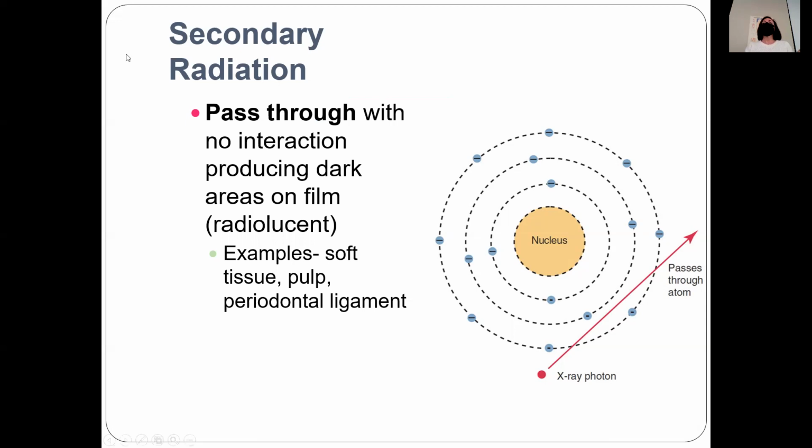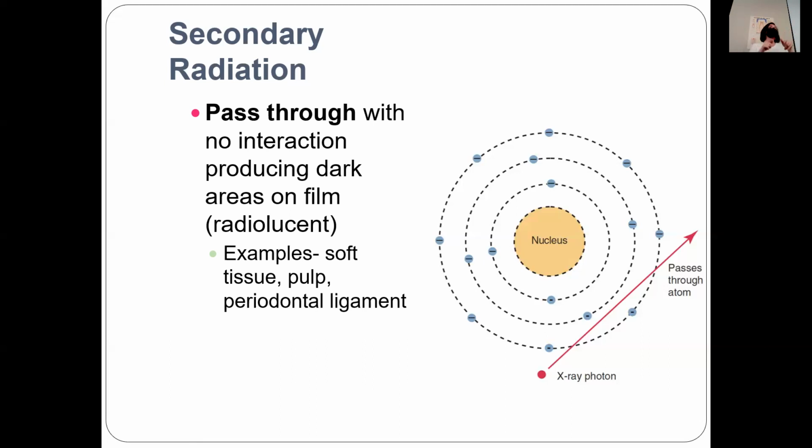But if secondary radiation passes through with no interaction, it hasn't lost any energy, and it hits that sensor full bore, you're getting all the power, and so you're going to get a dark spot on your film. An example of that would be if it goes through something more soft and tissuey, like the pulp, or the periodontal ligaments surrounding the tooth, between the bone and the root of the tooth.